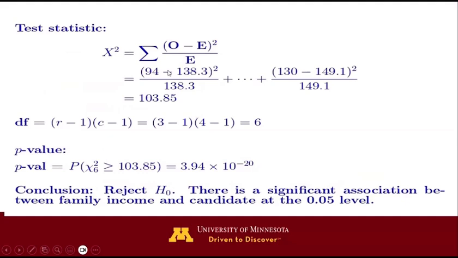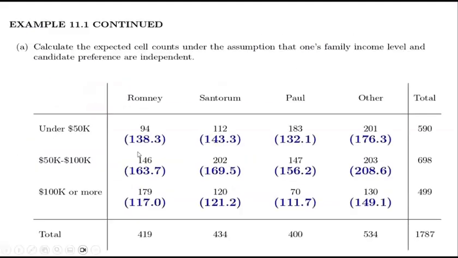Observed 94 minus expected 138.3, I'm going to square it and divide by 138.3. I'm going to do that across, then add them up. That will give me the chi-square.